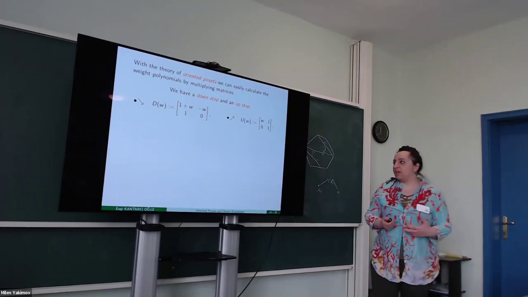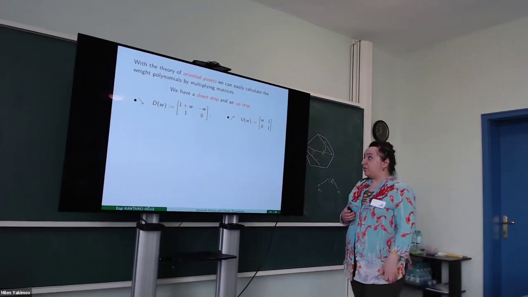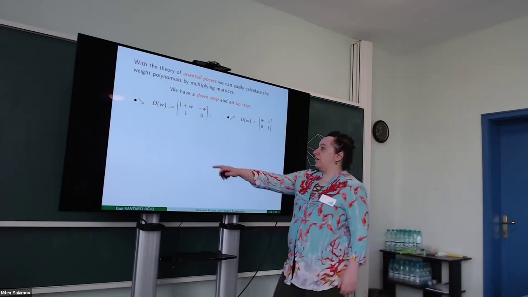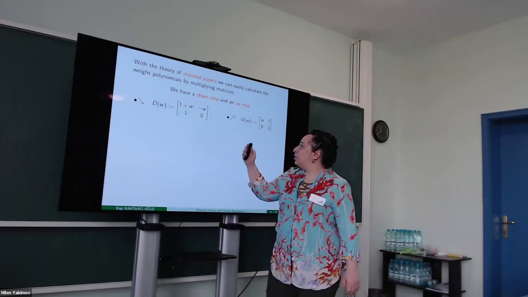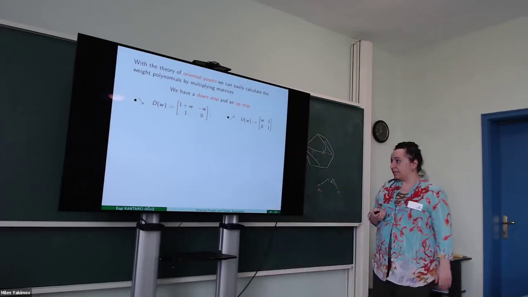So this is just a way of speeding up the combinatorial process. But for our particular case, we just have two building blocks and two matrices corresponding to them, the down and up matrix.